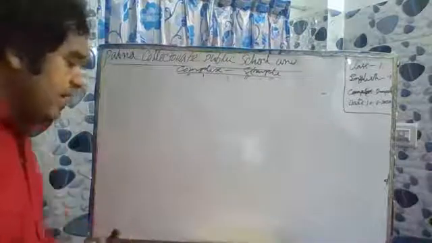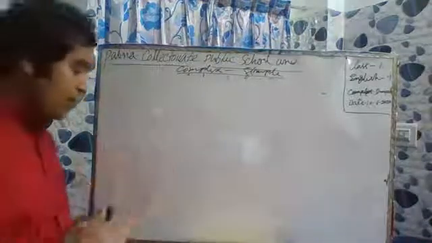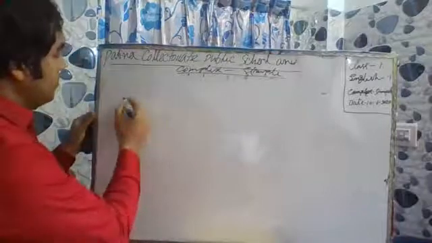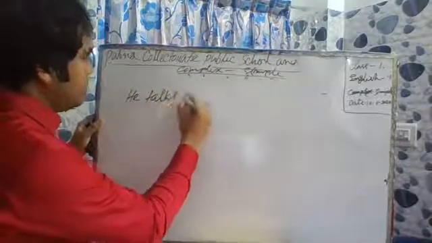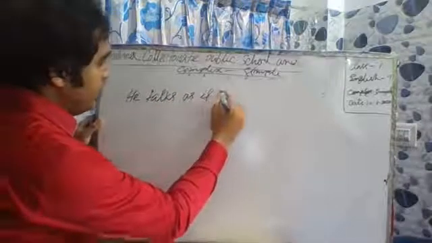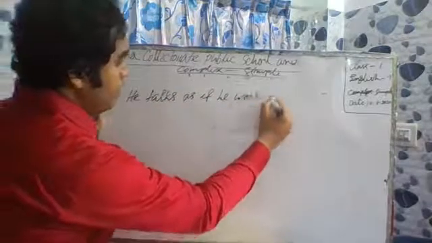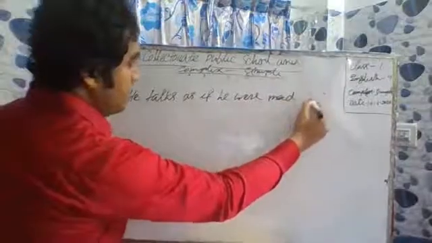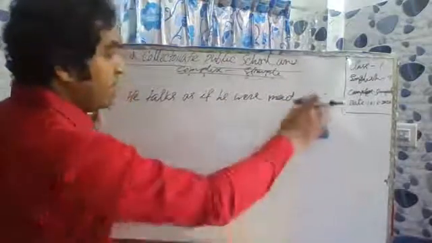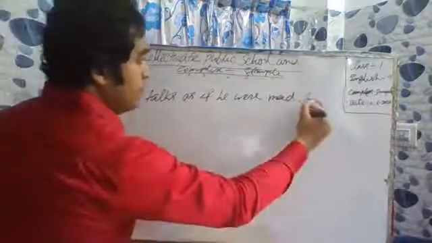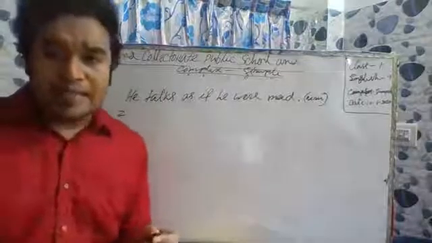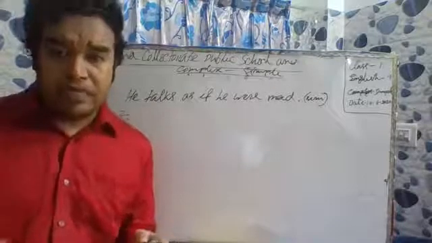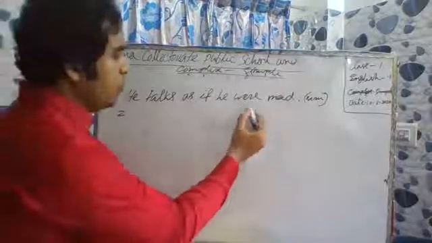Dear student, next I am going to another rule. He talks as if he were mad. Make it a simple sentence. Why here have we used were?